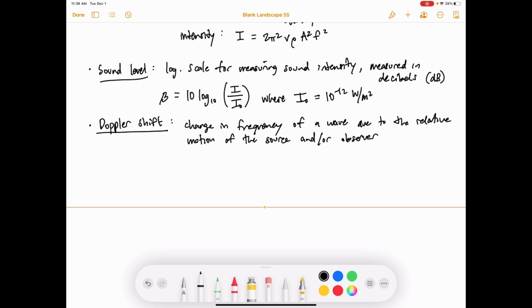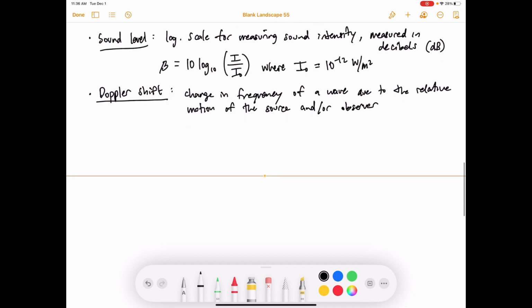So basically, if the source of the sound wave and the person or the thing receiving the sound wave are moving relative to each other, you get a shift in the frequency. So the most general way to sort of draw the picture is you have a source, I'll label that as S, and you have an observer, I'll label that as O. And this line connecting the two is what we call the line of sight.